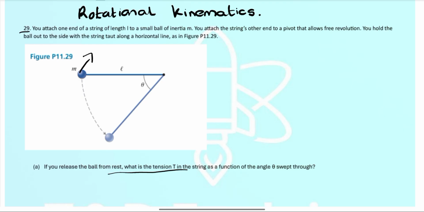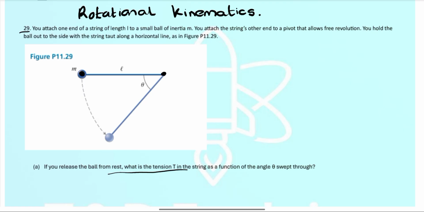Okay. So before we proceed to analyze the question, let's analyze our diagram. The string is attached to the ball here, and it is also tied to a pivot over there.